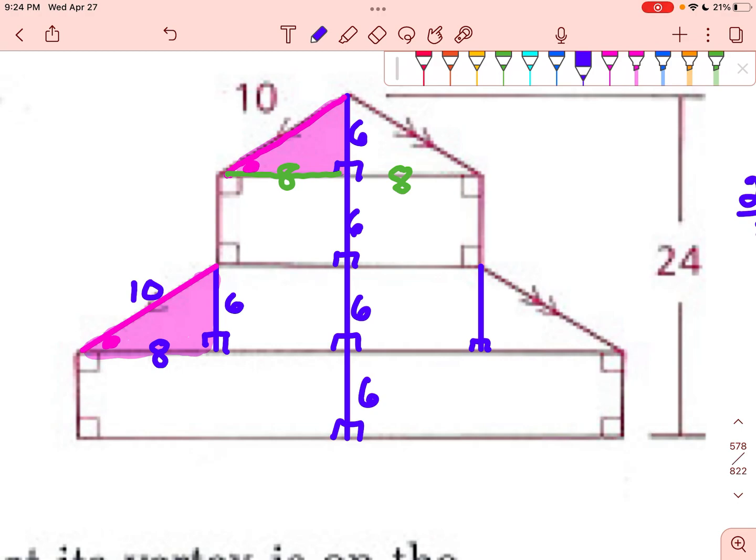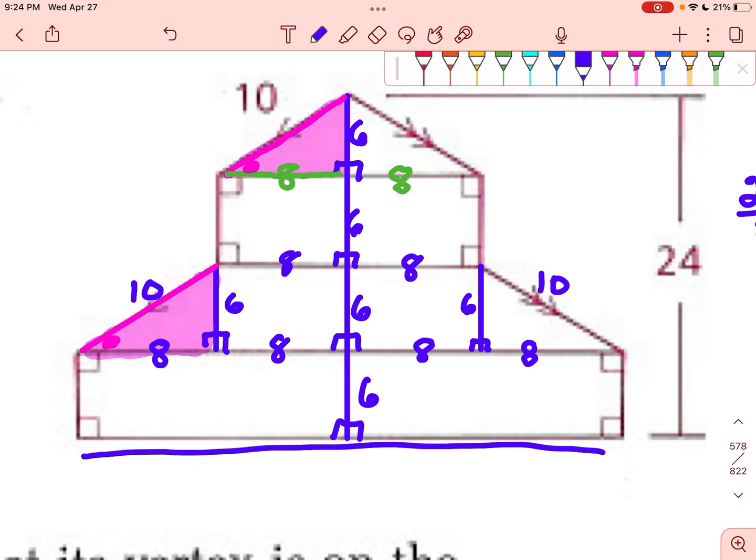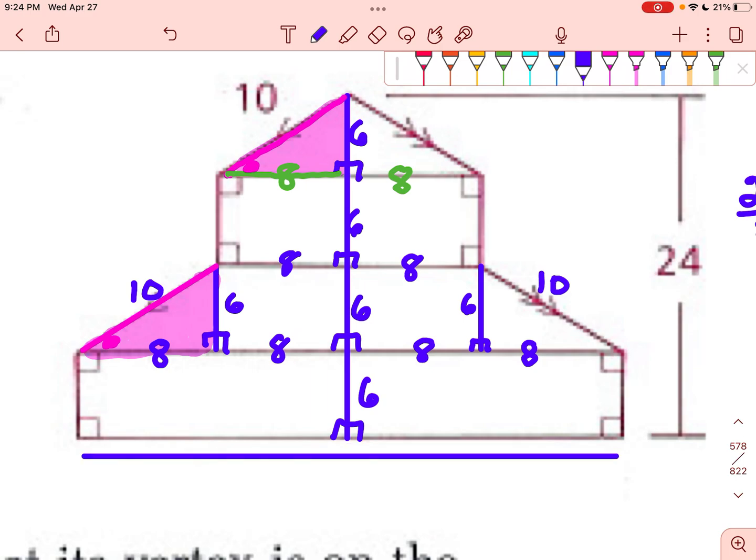So we can fill that out, the 10, the 6, and the 8 for each of these. And then we have these 8s that continue on down, 8, 8. And so we know that the entire width of the bottom is 4 times 8, or 32.